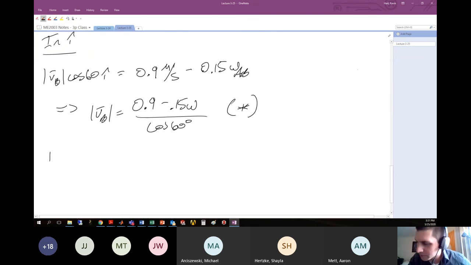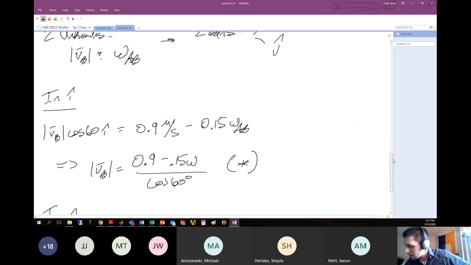And now I'll look in the J direction. And in J, we have very similar magnitude of the velocity of B. But here now our J component of velocity of B is sine 60 equal to, we have no component of the velocity in A in the J direction.